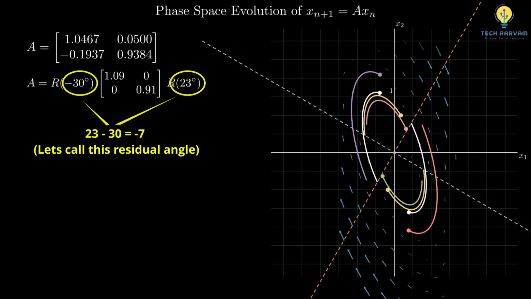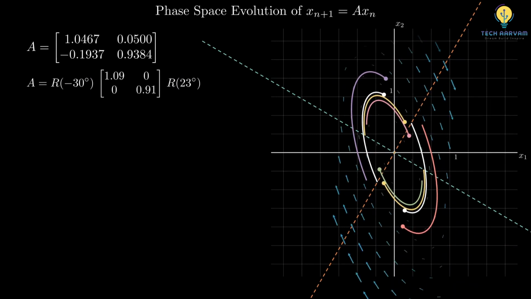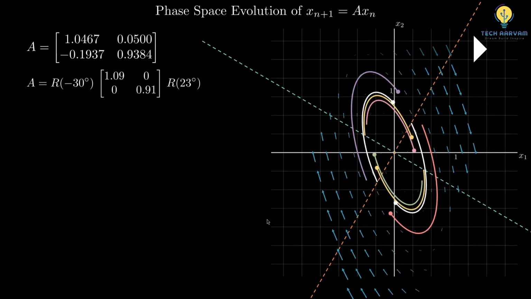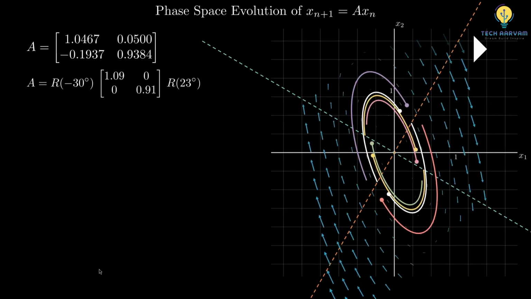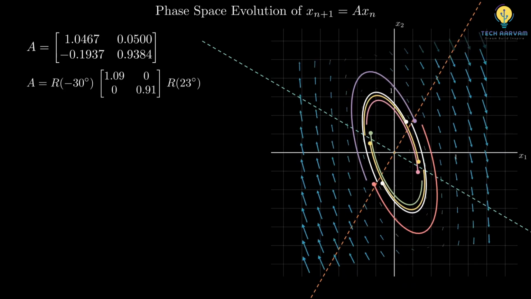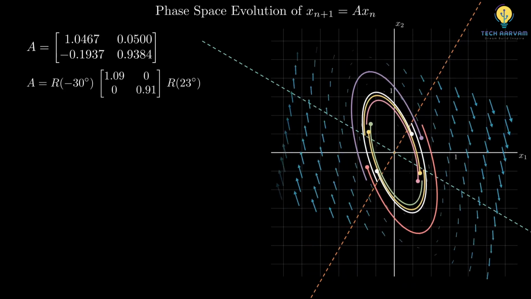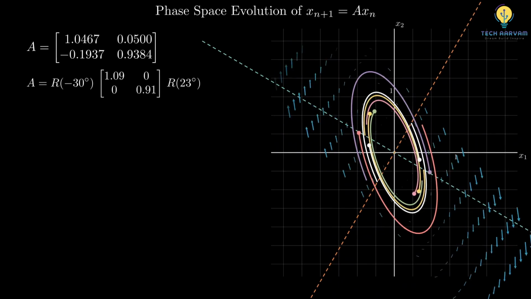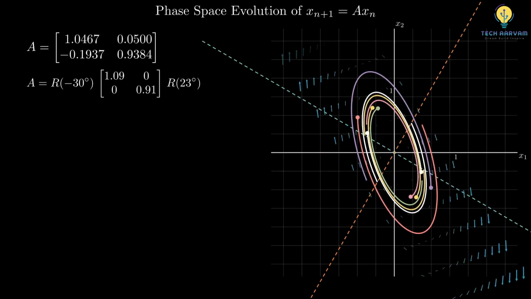What we are seeing is a spiraling behavior. There is clearly rotation. Unlike the previous visual, which was also a non-symmetric matrix, we don't see this converging into a particular direction. There isn't a direction where any of these vectors are converging.